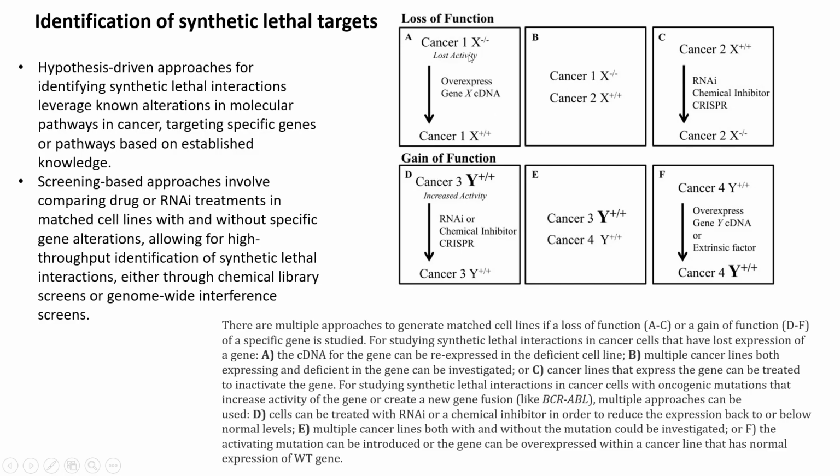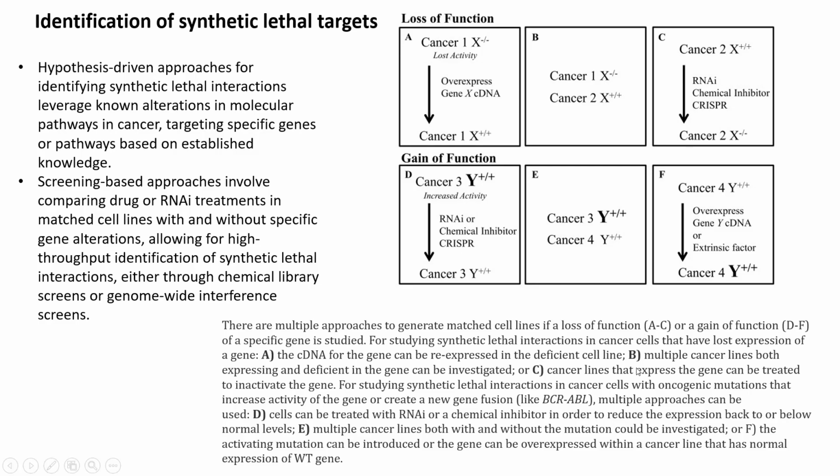So in your original cancer, your X gene is double mutated, with loss of activity. What you do is you overexpress that gene X cDNA in a particular cancer cell line, and you have another cell line, your original cancer, which is basically X double mutated. So you have two cell lines, cancer 1 having this mutant, and cancer 2 having basically the wild type.